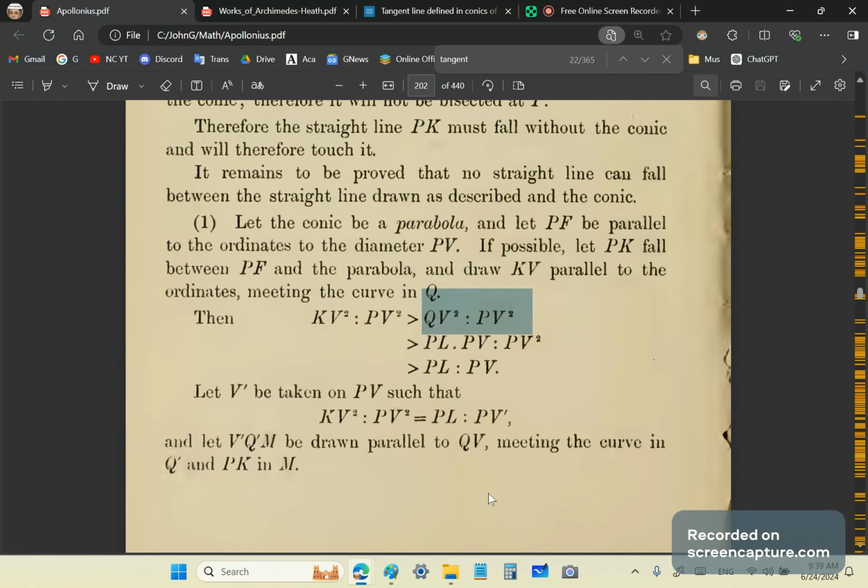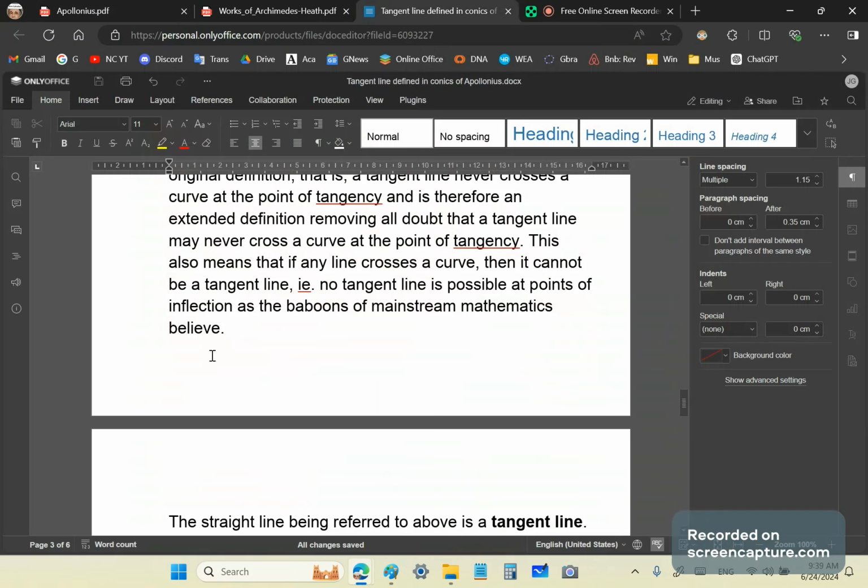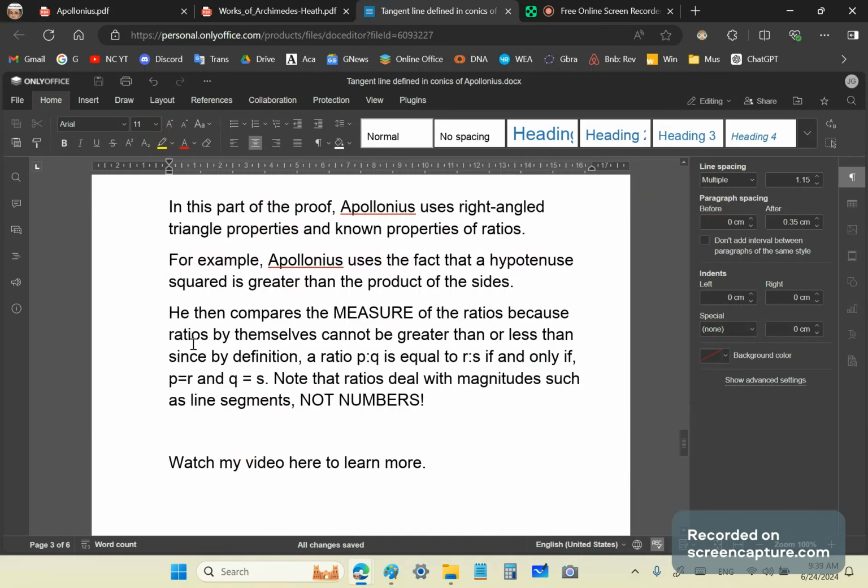Remember that in geometry, no ratios are greater than other ratios. You cannot, for example, have a ratio that is greater. So, for example, if P compared with Q is greater than or equal to the ratio R to S, it can only be equal. It can't be greater or less.